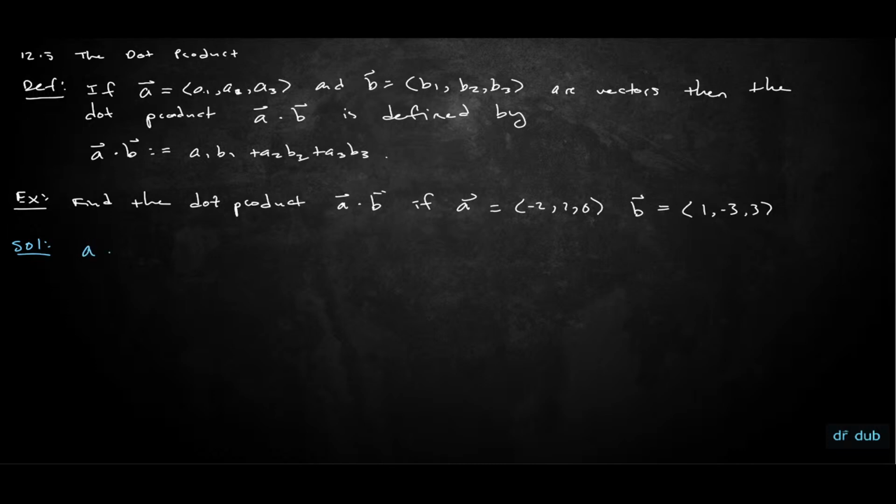Not too hard. A dot B is going to be -2 times 1, plus 1 times -3, and then plus 0 times 3. And that ends up being -2 minus 3, which is -5.